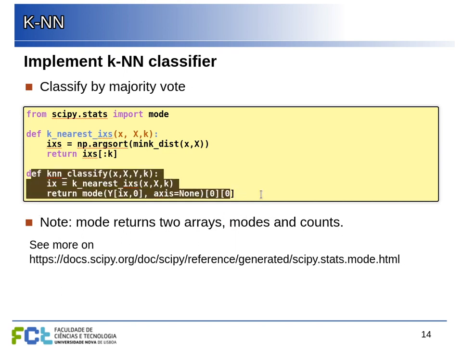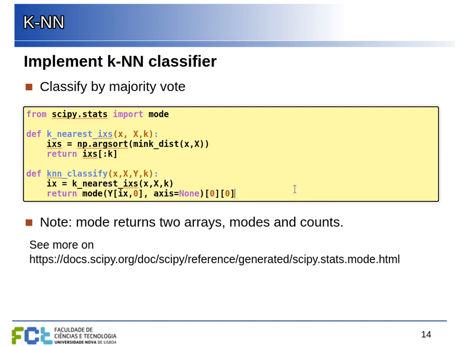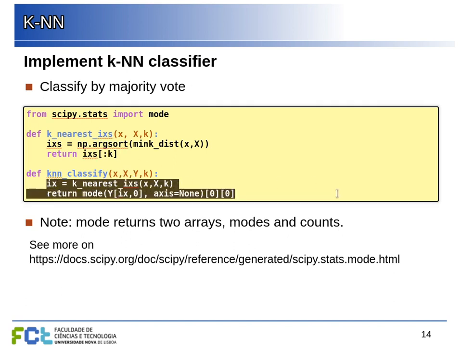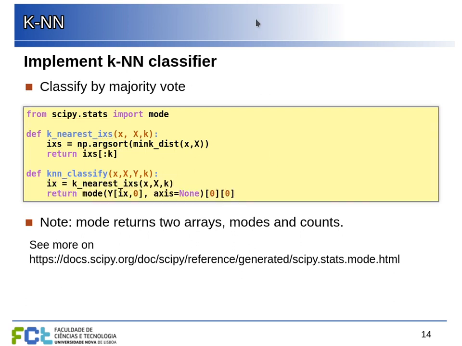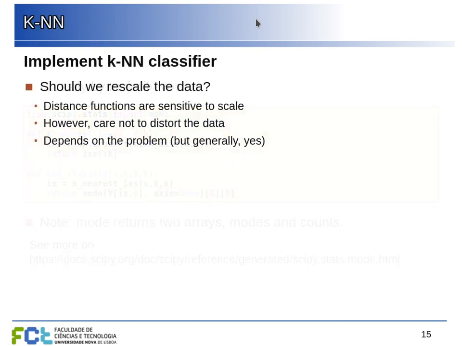So this gives us the most common label in the k nearest neighbors, and this is what we can do to implement a k nearest neighbors classifier. Note that there is no training stage here. We just need to provide the training set, and at query time the algorithm picks the closest examples and gives us the majority class of those examples.